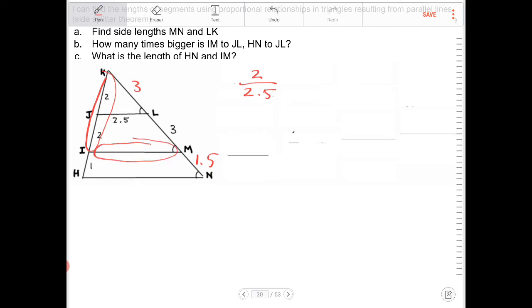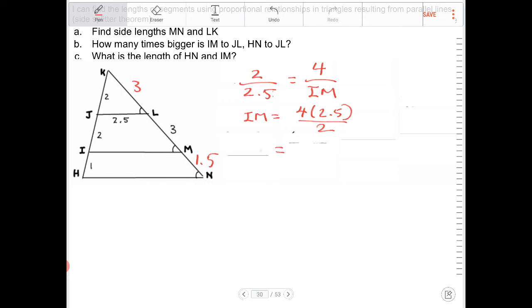So I can say 2 to 2.5 is to 4 to IM. And I can figure out what that length is. So IM, as it turns out, is going to equal 4 times 2.5 divided by 2. Or IM is simply going to equal 5.